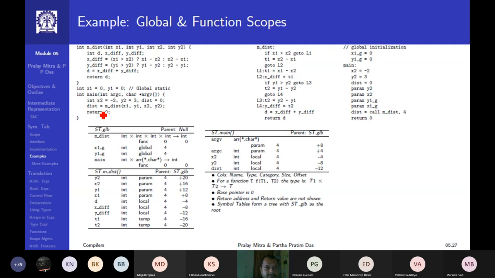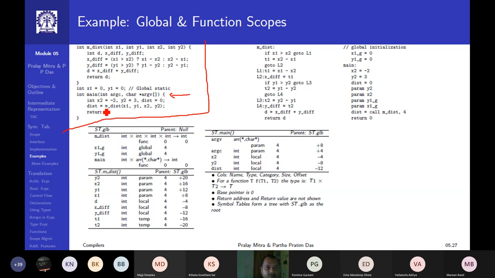Now here is a full scale example of a program. First you look at the left hand side program. It is a very simple program. It starts with main, int main with argc and character argv. Then there are local variables: integer x2 equals -2, y2 equals 3, dist equals 0, all integer variables.